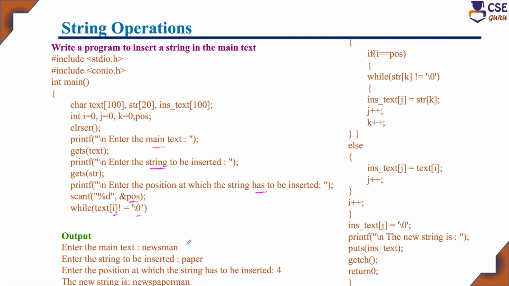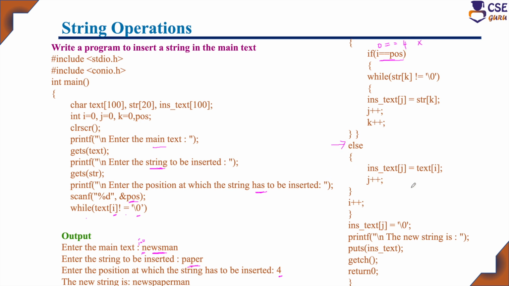Text is nothing but the main text. The main string is the text. Okay. And the string to be inserted is paper at position 4. So here text of i not equal to /0. Text of i is equal to 0 here. Check the condition i is equal to position. The i value is 0, and the position is the fourth position where you need to insert. Okay. Condition fails here.